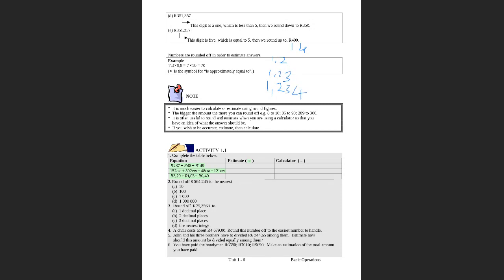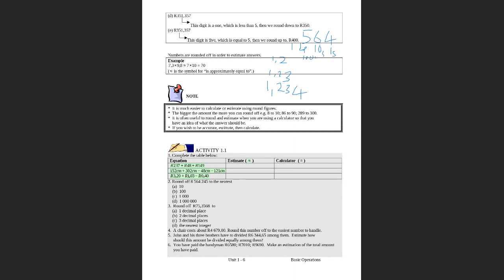In the same way, we can write numbers in ones, tens, and hundreds. So, for instance, if I give you 564, this is ones, this is tens, and this is hundreds.